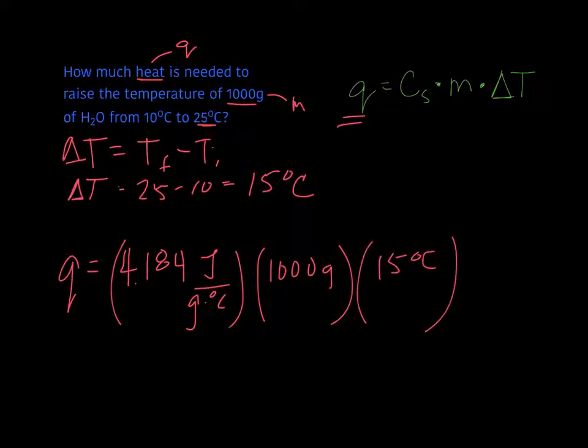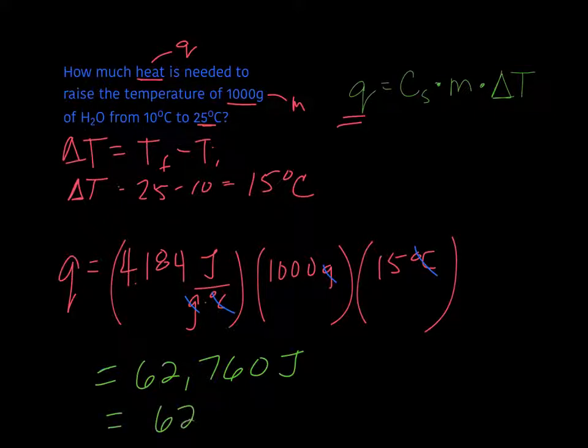So that means that the degrees Celsius cancels out, and grams cancels out, and if I put that in my calculator, I end up with 62,760 joules. And you could even write that as 62.8 kilojoules. Either way works, okay? You probably, in higher level courses, will see it like this more than you'll see it written like this. So if it's a big number, we'll put it in kilojoules.